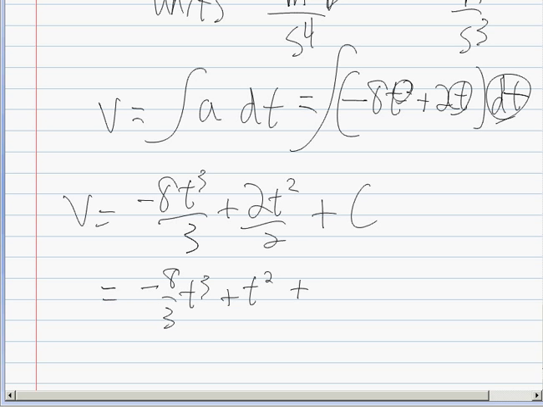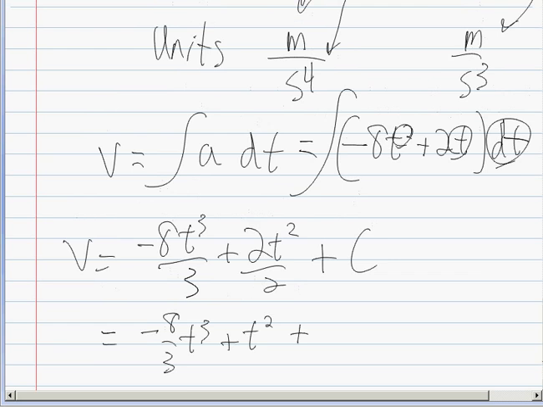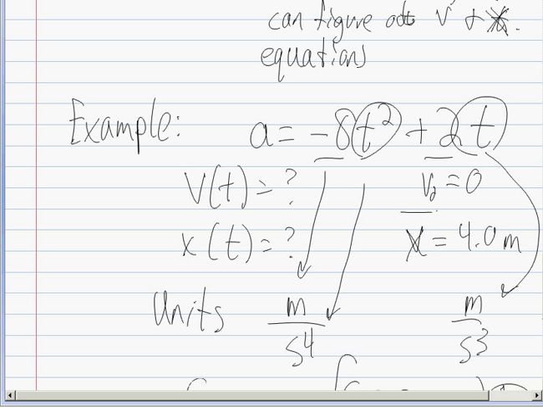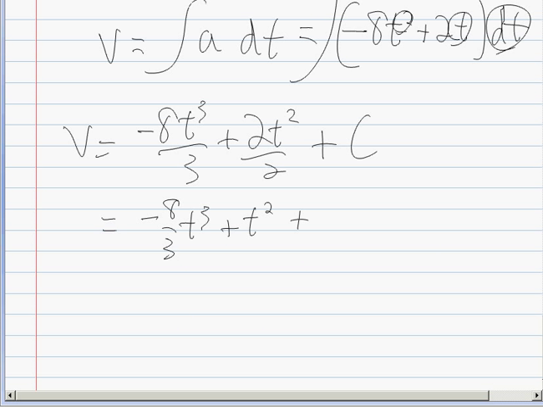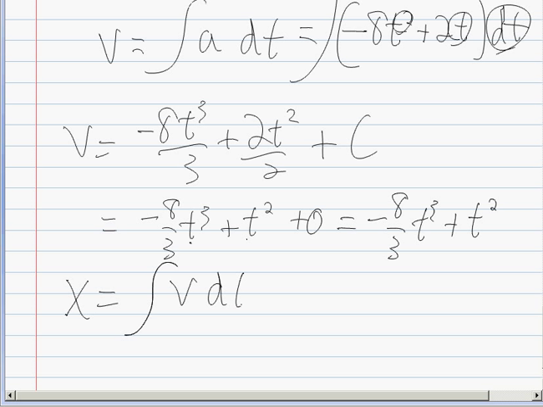So really, it's just going to be negative 8/3 t cubed plus t squared, which is great, no problem. Then we'll do the position as well. We know that's the integral of velocity with respect to time. So that's going to be the integral of our new expression here, minus 8/3 t cubed plus t squared dt. Again, nothing horrible.